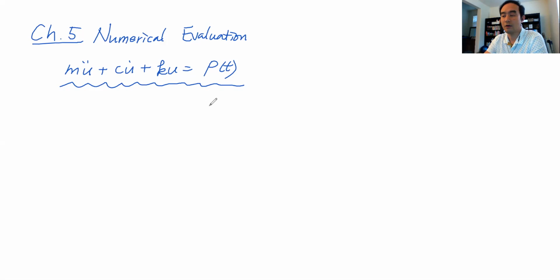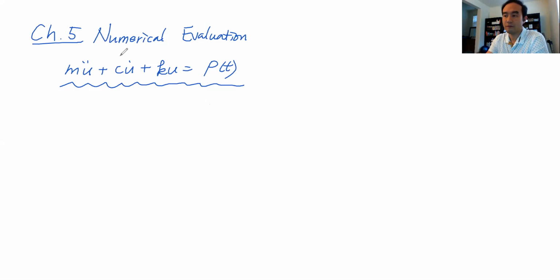Then how can we apply those excitations to solve this problem? That's how we ended up using numerical evaluation. Numerical evaluation means we apply some level of approximation to solve this equation, so hopefully we can have accurate enough data and responses through those approximate methods.